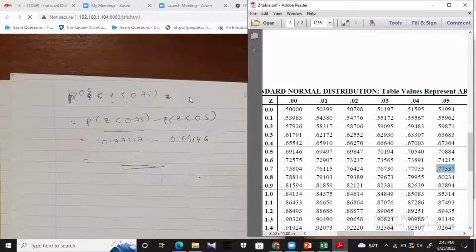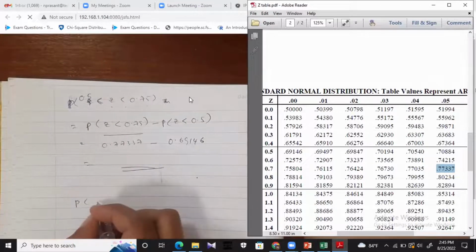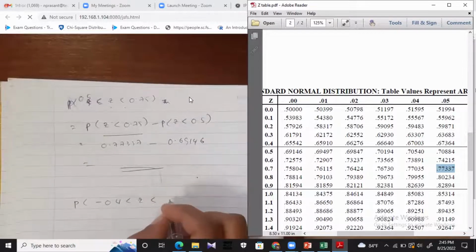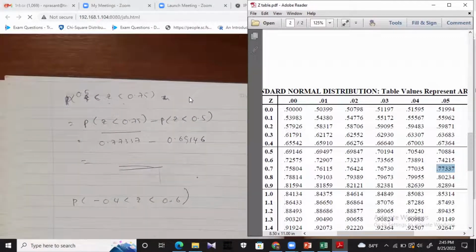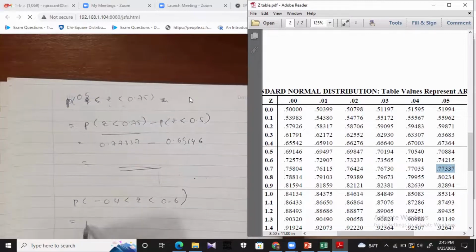Now do these examples with me. Now we have the probability of minus 0.4 less than Z less than 0.6. Now do it with me.